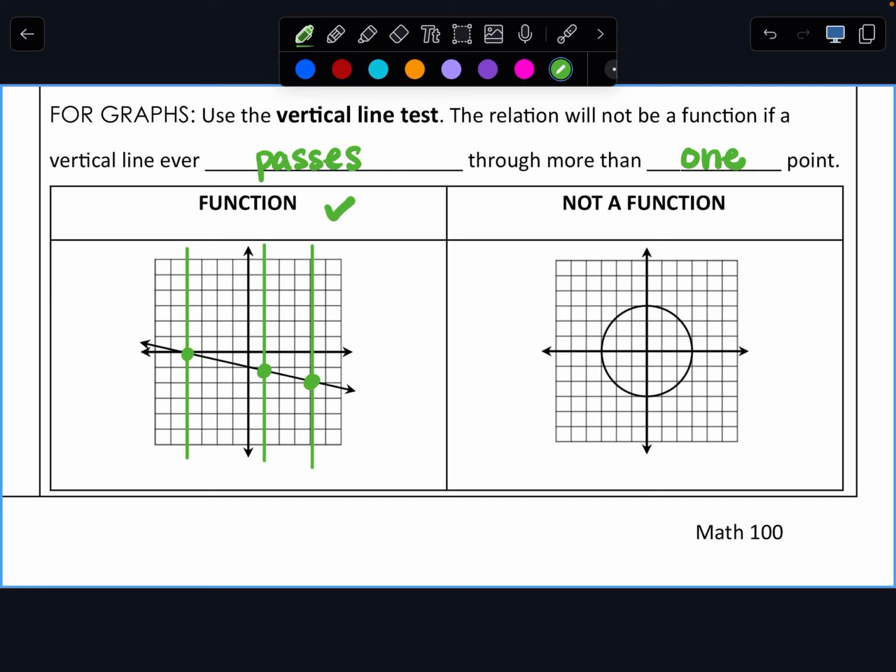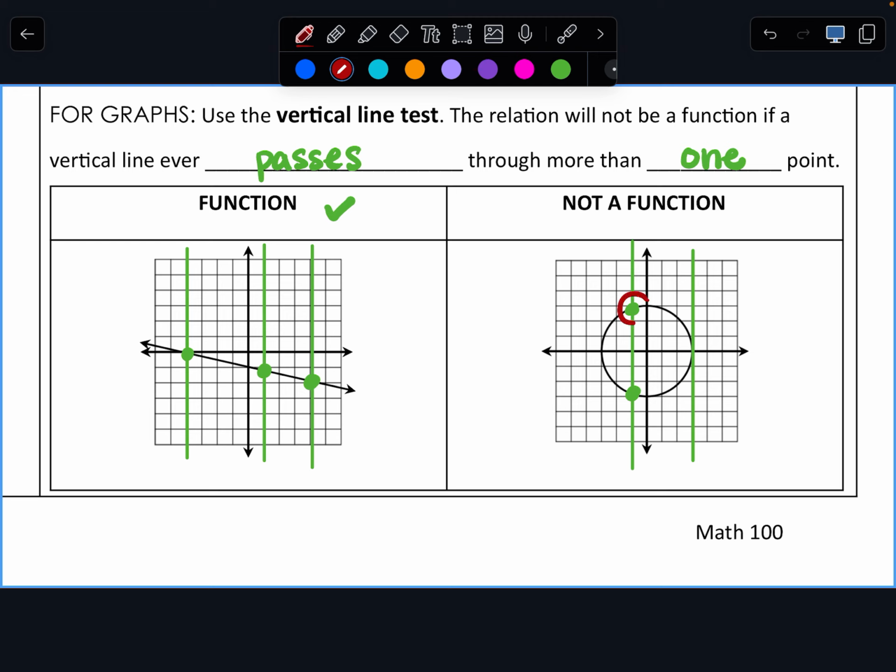Now, if I draw vertical lines on the second graph, the circle, how many times is my vertical line going to pass through that graph? Well, that's going to pass 2 times. I could maybe draw a line here, and it only passes 1 time. But you have to be able to draw a vertical line anywhere, and it does not pass the graph more than once.